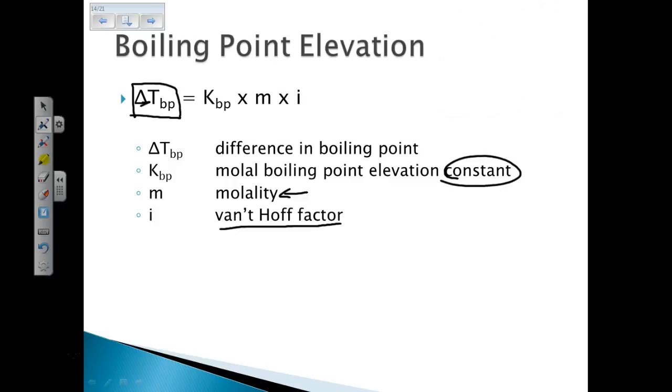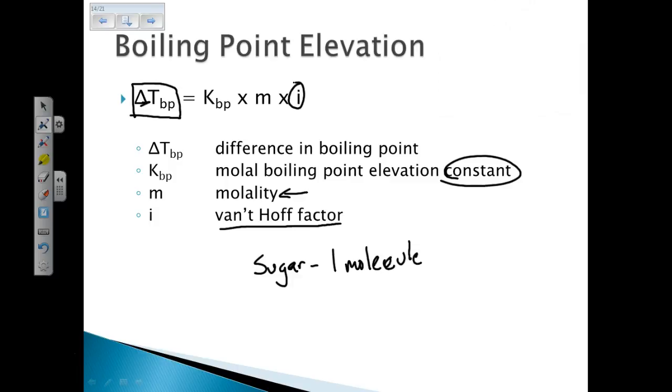Now, I want to spend a little bit of time talking about this idea of the Van 't Hoff factor, which is this lowercase i, because the Van 't Hoff factor is usually somewhere around the number of resulting particles that are floating around in the solution that is created. So if you have something that is non-ionic but dissolves, like let's say sugar, when it dissolves it is still just one molecule.